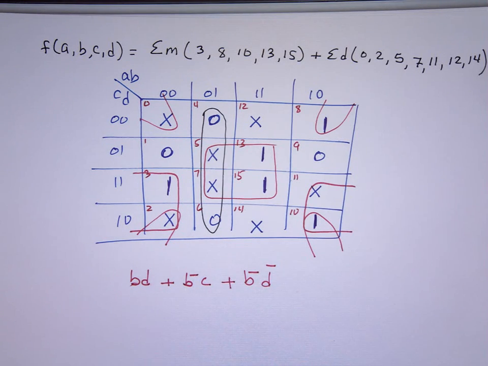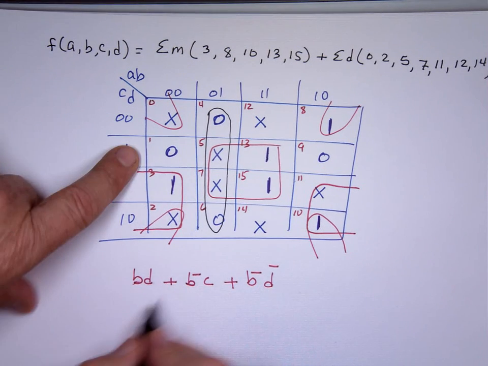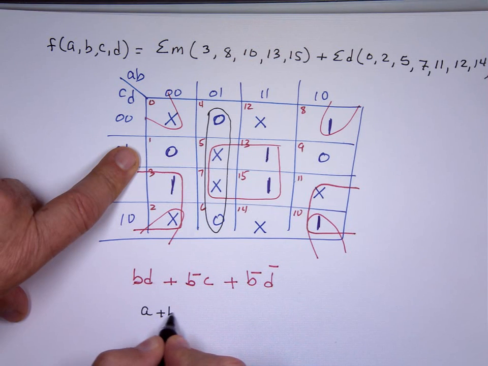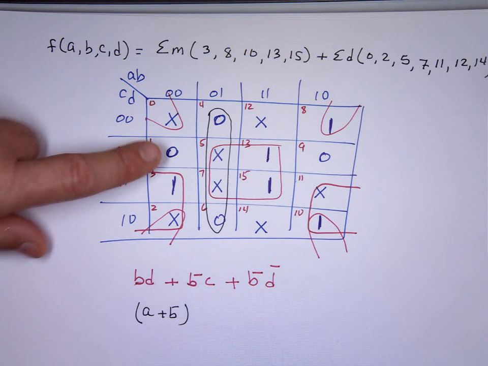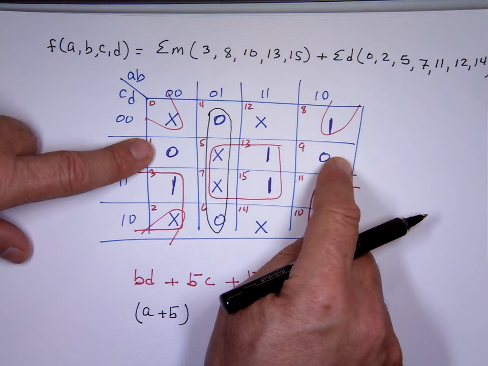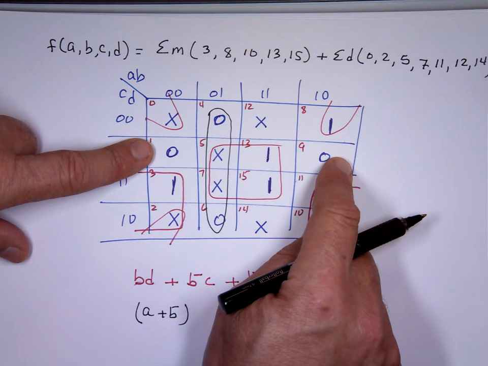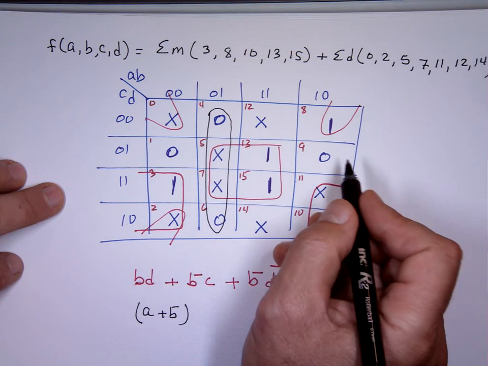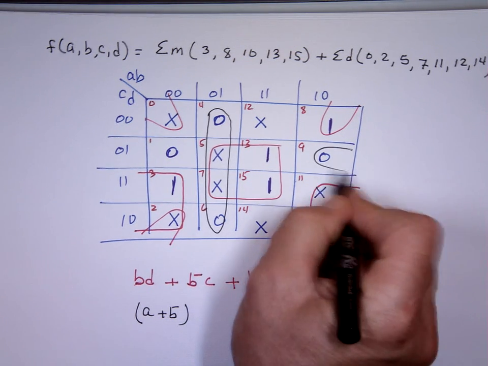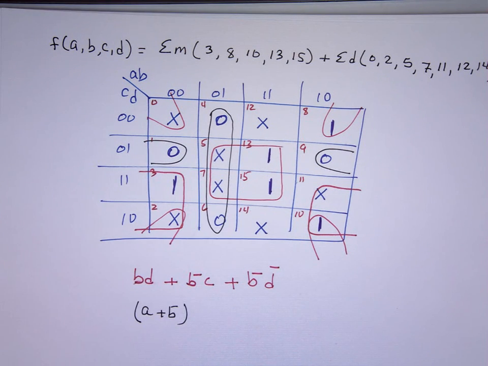And that'll give me A plus B naught. I'm grouping the zeros. I got a 0 here, I got a 0 there. Do the adjacent and opposite sides together. This with this. That's the only way I can group them.